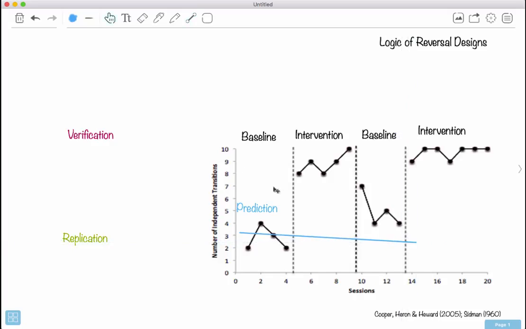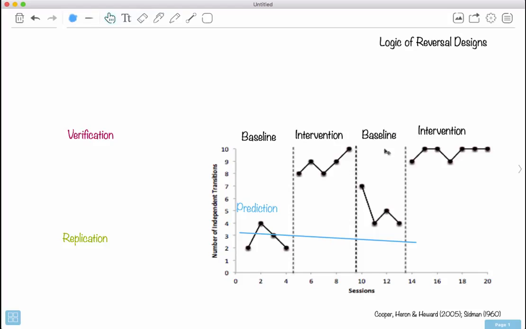But then we introduce the intervention, and we see an effect. We see a change in the behavior, an increase in the behavior in this case, following baseline. So the behavior did not continue as predicted, which means that the intervention probably is what caused the change in the behavior. But we don't know that for sure.